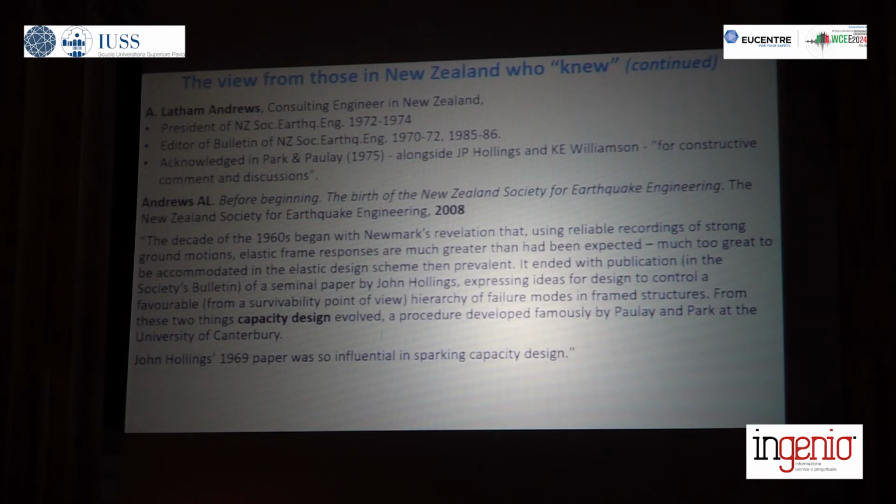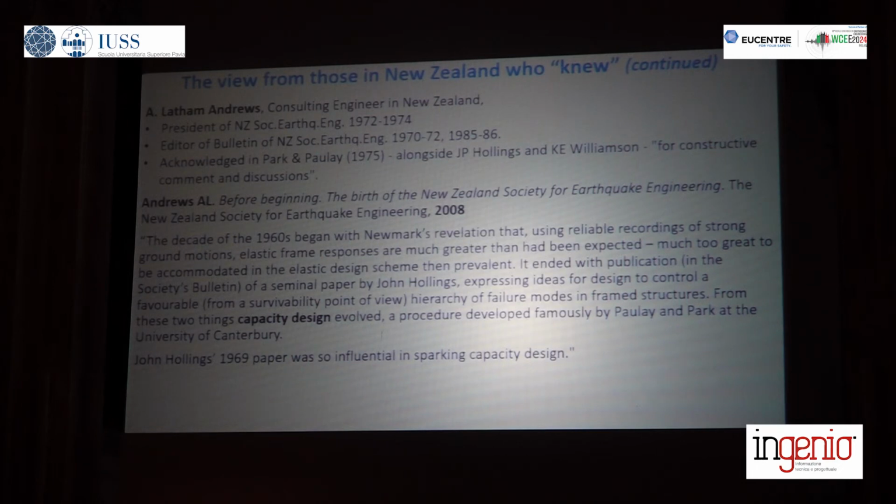The second practice engineer who again confirmed the role of John Hollings was Latham Andrews, who was president of the New Zealand Society of Earthquake Engineering for 2 years, editor of its bulletins for longer, and also acknowledged by Park and Polley alongside Hollings and others for constructive comments and discussions in their book.